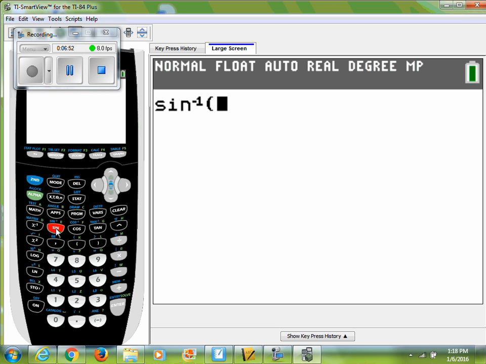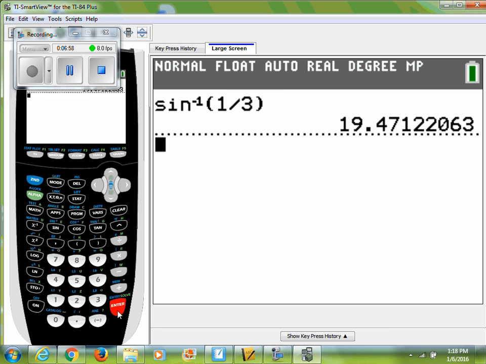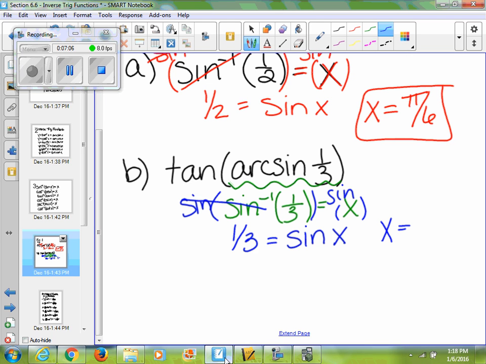And so since I'm trying to find the inverse sine of 1/3, I'll start with that, and that gives me approximately 19.47 degrees. So x is approximately 19.47 degrees, since I'm in degree mode.